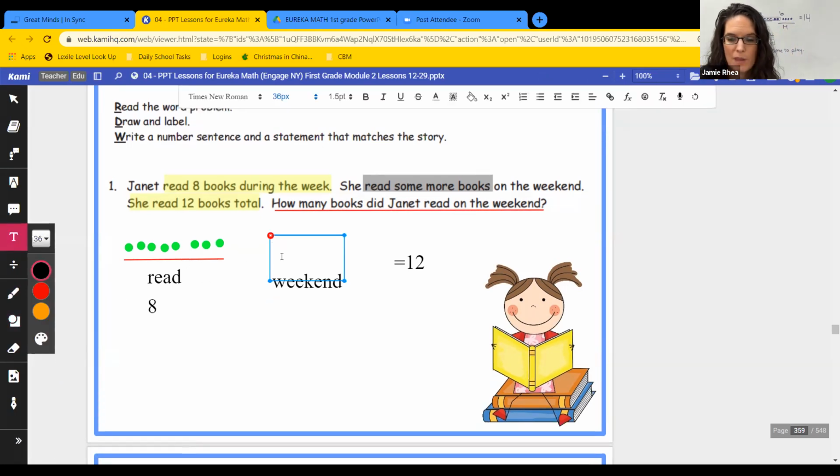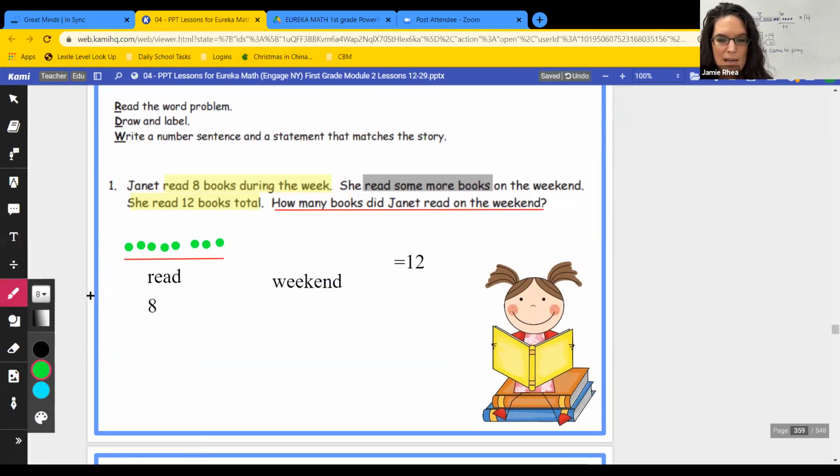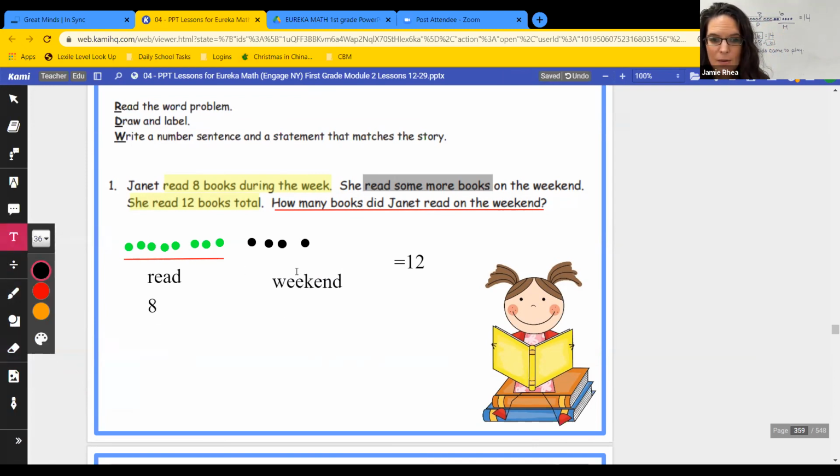Get rid of that. And let's see how many more do I need. I have 8, 9, 10, 11, 12. How many fingers did I have? 4. So let's do this. Ready? Let's change colors. 1, 2, 3, 4. And let's erase that. Okay. Let's fix it. There we go.